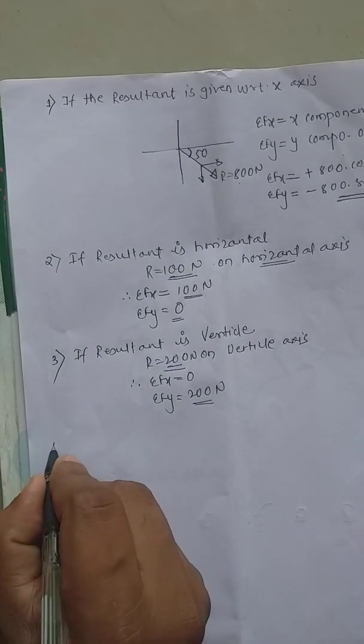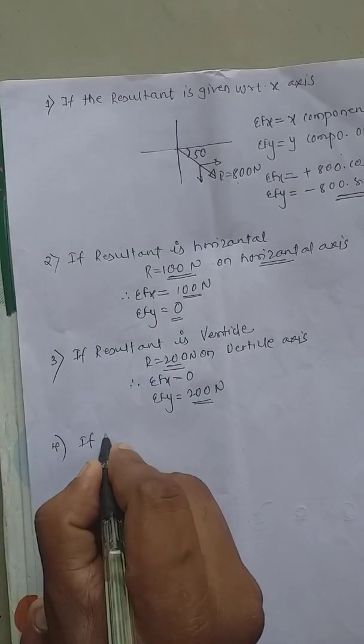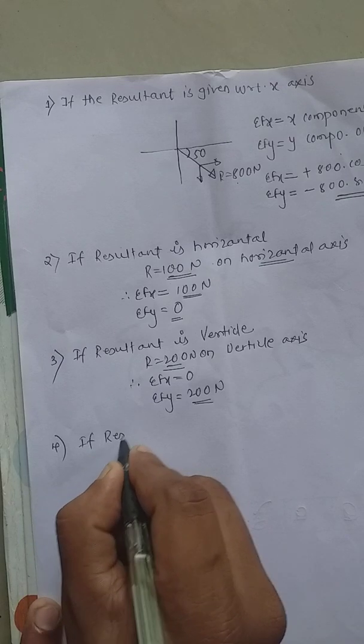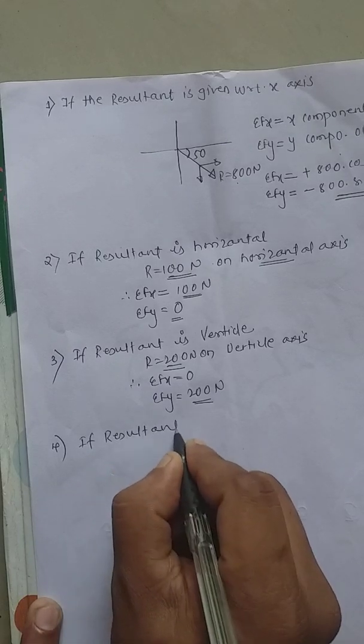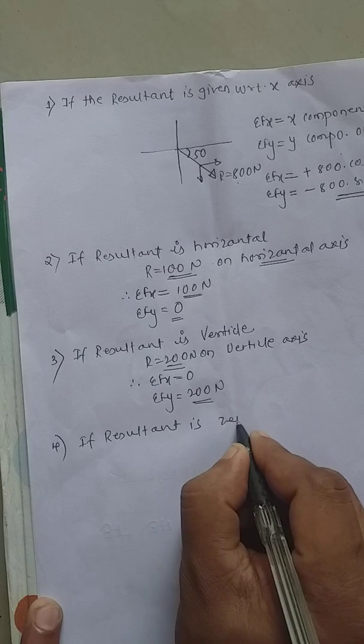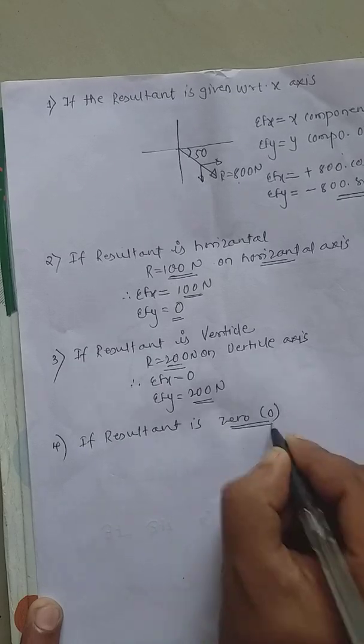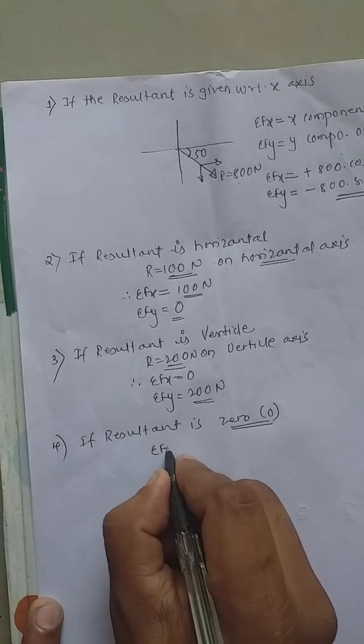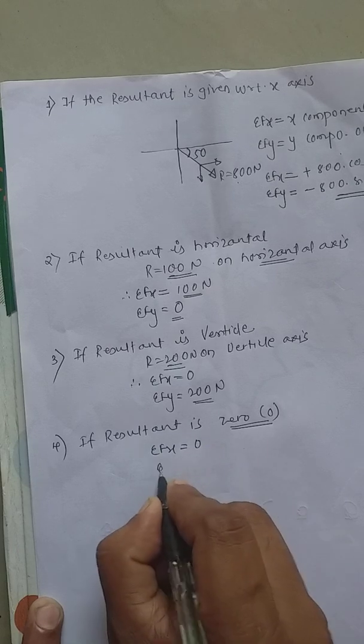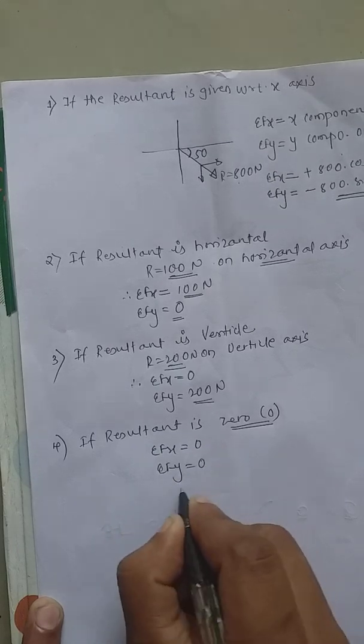Okay, and the last condition is if the resultant is 0. If the resultant is 0, we will consider summation of Fx is 0, summation of Fy will be 0.